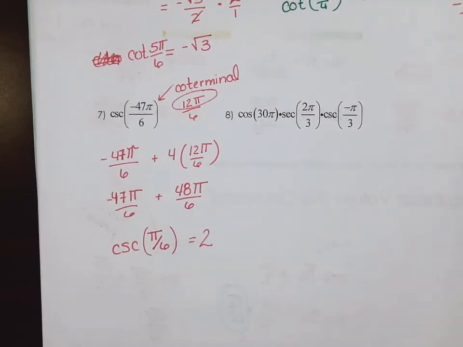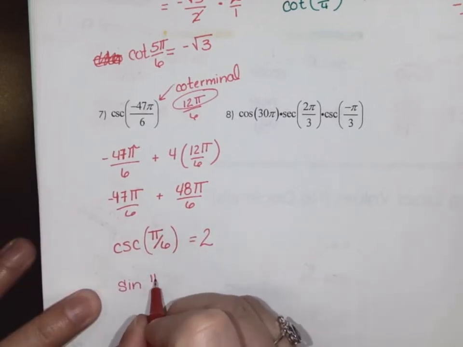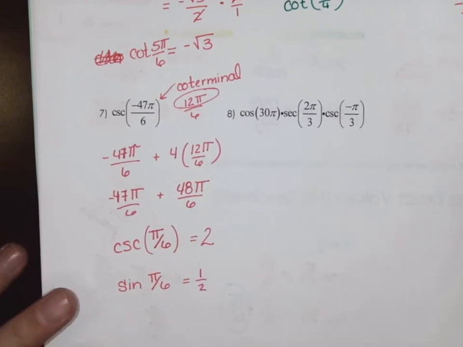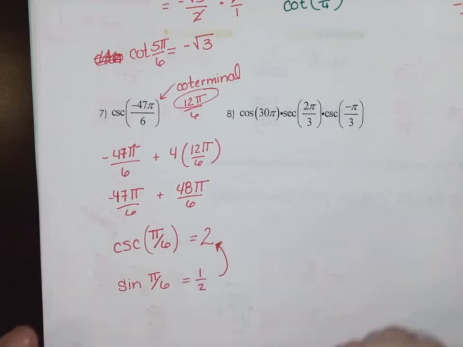Go back to your unit circle. What's sine of pi over 6? It's 1/2. So what's the reciprocal of 1/2? 2 over 1, and I'm just not going to write the over 1 part.